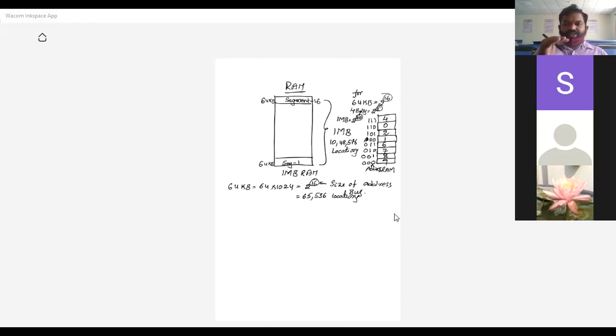65,536 locations means first memory location, second, third, fourth, fifth, sixth, seventh, eighth, ninth, 10th, like that. So many memory locations will be there. Overall memory locations together, it is 65,536. For example, in my class, 68 is the strength. 68 means 68 different roll numbers I should give.